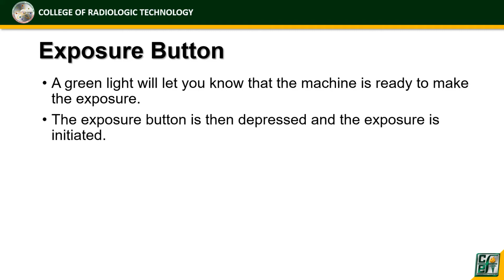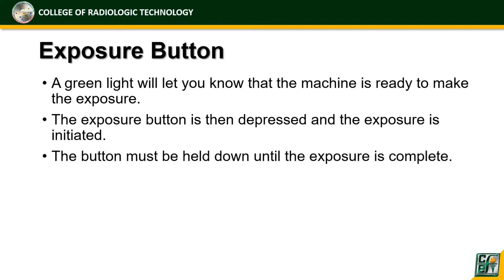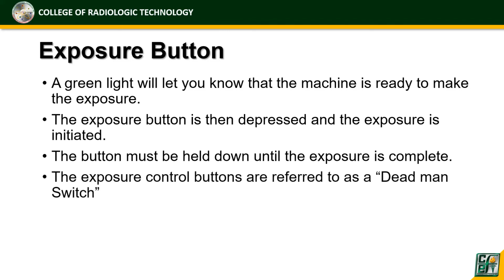So the exposure button is then depressed and the exposure is initiated. So the button must be held down until the exposure is complete. The exposure control buttons are referred to as a dead man switch because it requires pressure in order for the exposure to be completed.